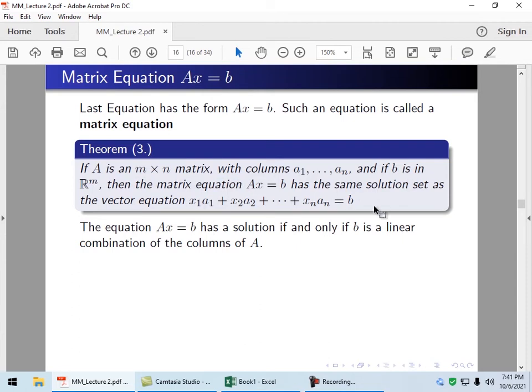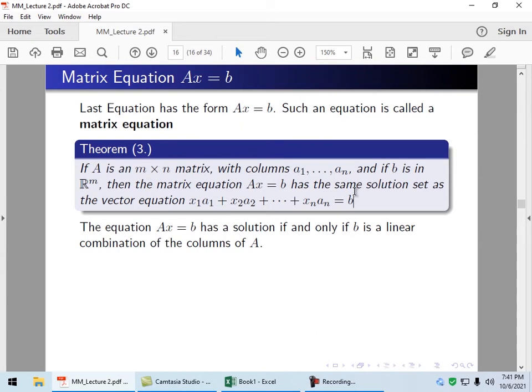So in order to solve this, we just need to produce the linear combination x1 times column a1 plus x2 times column a2, and so on, equal to the right hand side, and this will be the solution for our matrix equation.